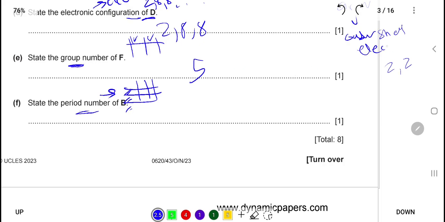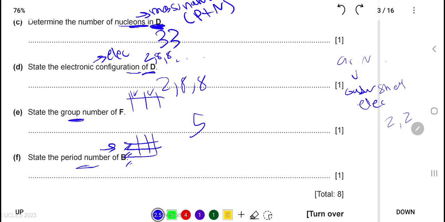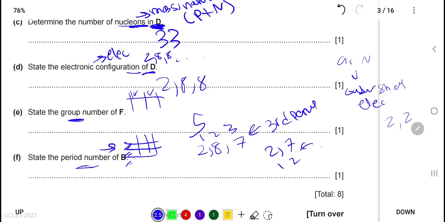For the group number we care about the outer shell electrons, but for the period number we care about the number of shells. For example, if it was 2, 8, 8, or 2, 8, 7, there are 1, 2, 3 shells, so it indicates that it is in the third period. And if it was like 2, 7, there are 2 shells, so it's in the second period.